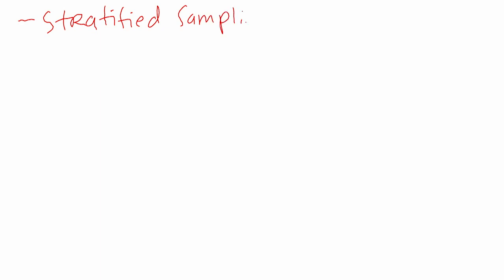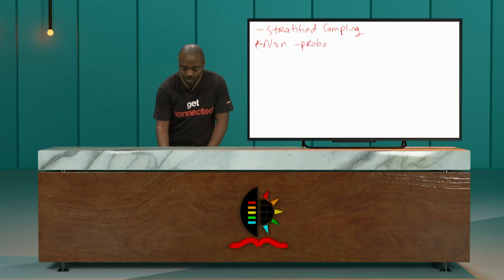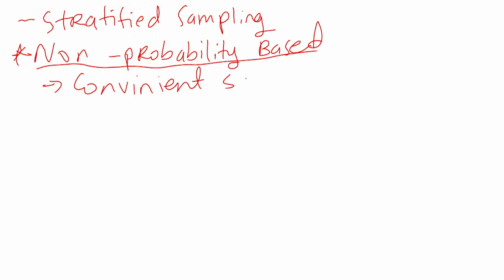All these are probability based. Now we've got non-probability based, like convenient sampling.